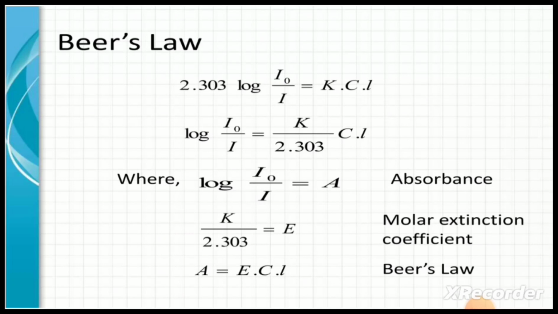Then log of I0 upon I equals k upon 2.303 into cl. Here log of I0 upon I equals A, the absorbance, and k upon 2.303 equals epsilon, the molar extinction coefficient. So the final Beer's law formula is A equals epsilon into c into l.